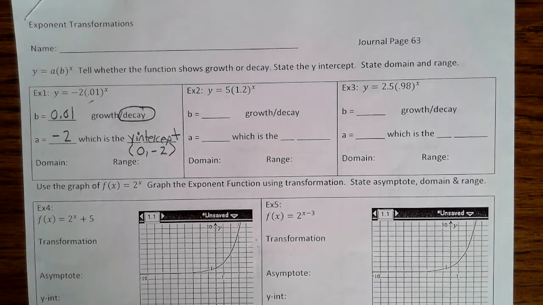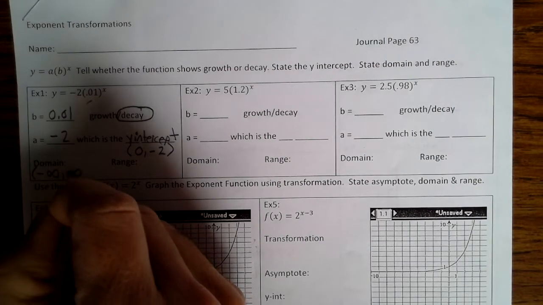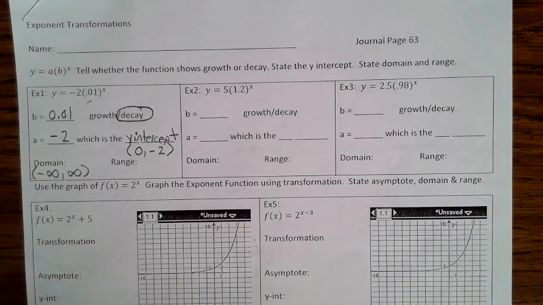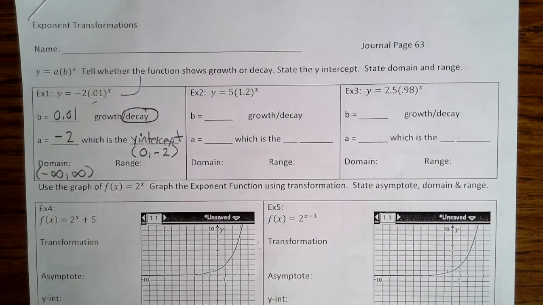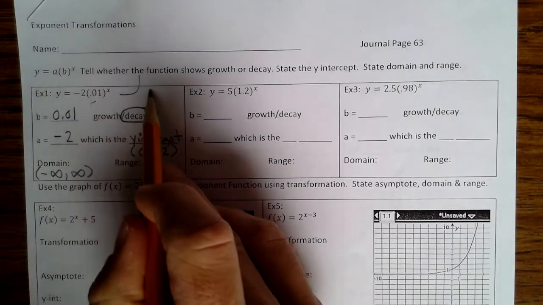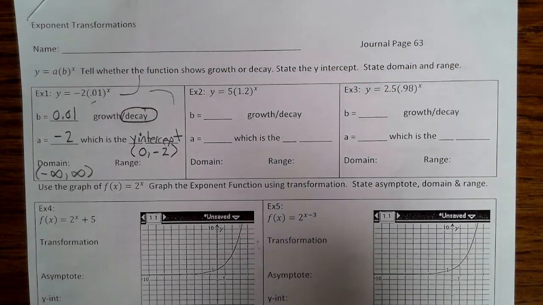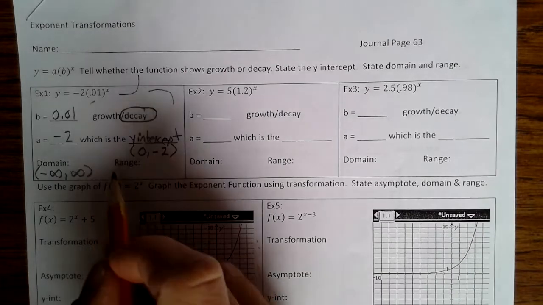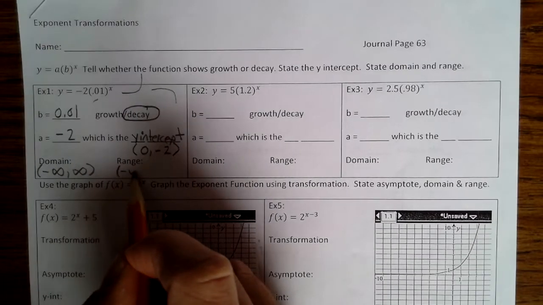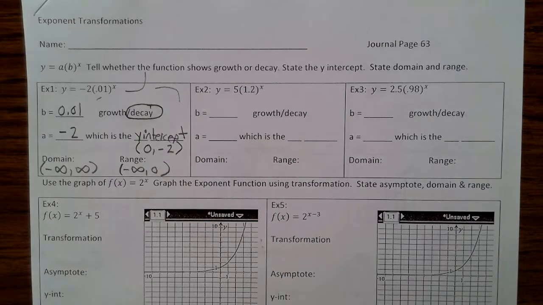Now your domain and range. Domain is negative infinity to positive infinity. Now, because of the negative, this function normally is like this, but because of the negative, it reflects here. So then the range goes from negative infinity to 0, with parentheses. All right.